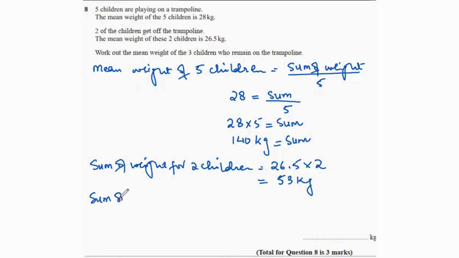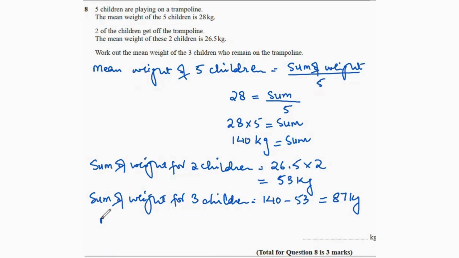Sum of weight for 3 children is going to be the difference of 140 and 53, which equals 87. So that means the mean is going to be 87 divided by 3. And that gives us 29. So 29 kg is the mean weight of the 3 children who remain on the trampoline.